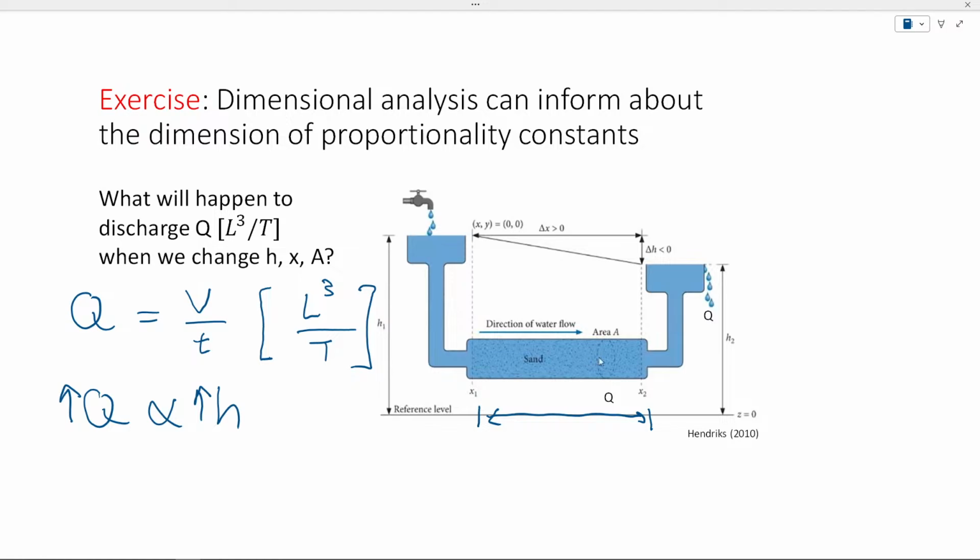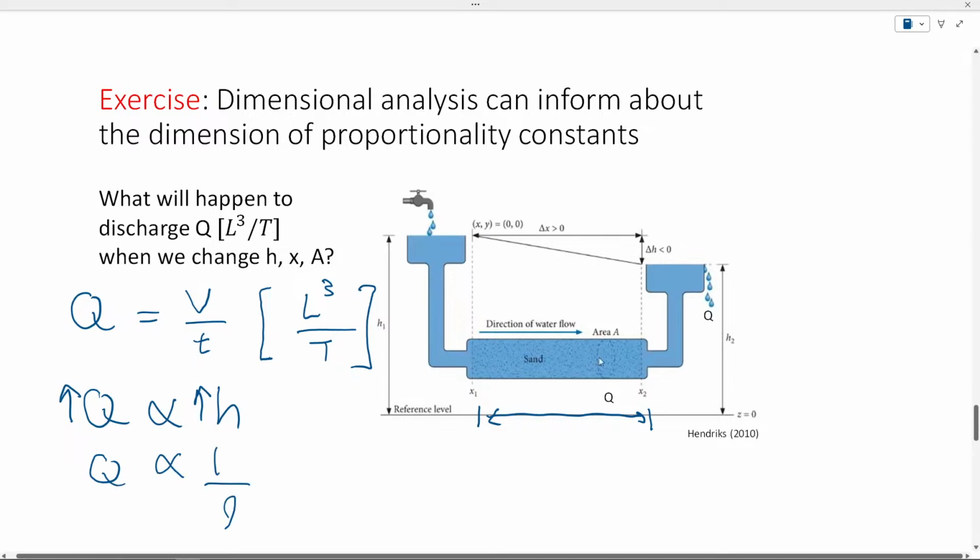This makes sense because as water flows in this sand column, energy will be lost, since some of the useful mechanical energy will be converted to heat energy. So the longer this sand column, the more energy you lose, the less Q you will have. So basically, Q is inversely proportional to L, the length, this L here.